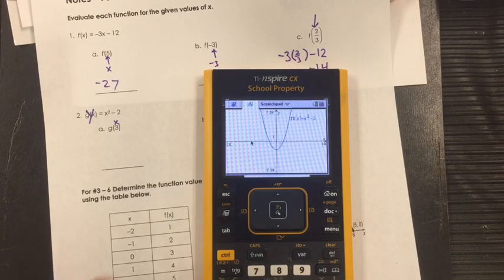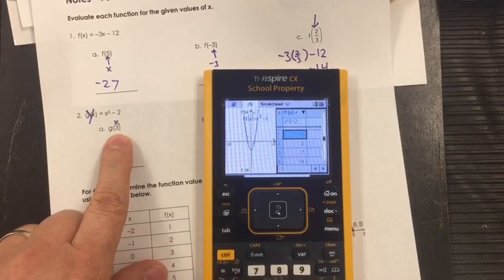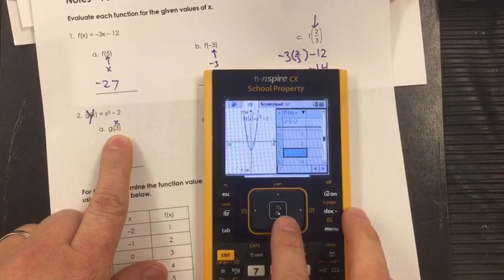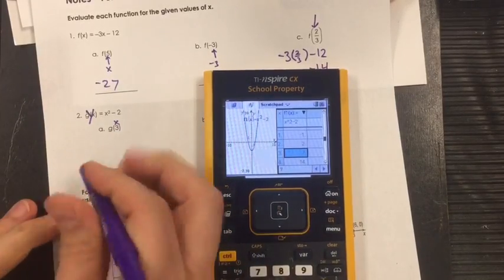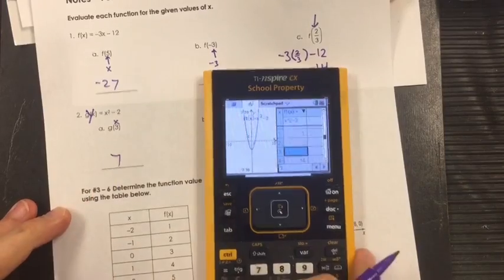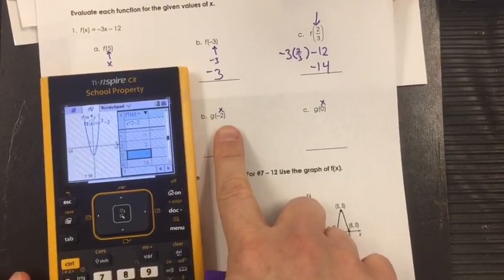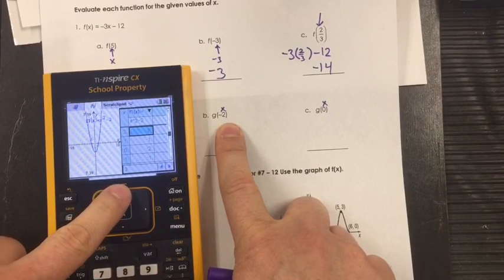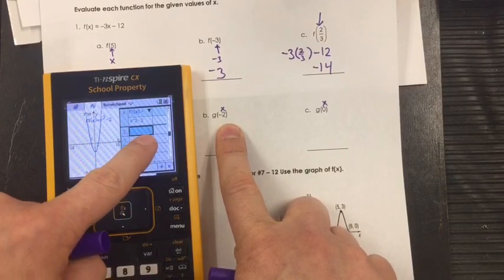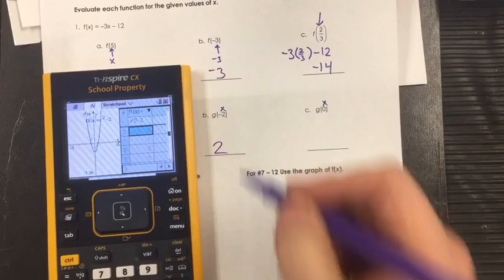Now I'm going to go ahead and go to my table, Control T. When x is 3, y is 7. When x is negative 2, y is positive 2.